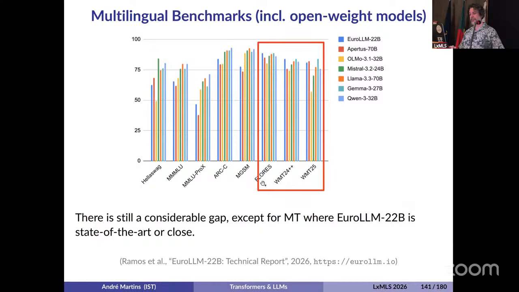There's still a considerable gap in the first 5 benchmarks compared to Qwen, Gemma, and so on, except for machine translation. So if you work on machine translation or something related to this topic, consider using EuroLLM because it actually performs quite well translating across these different EU languages.